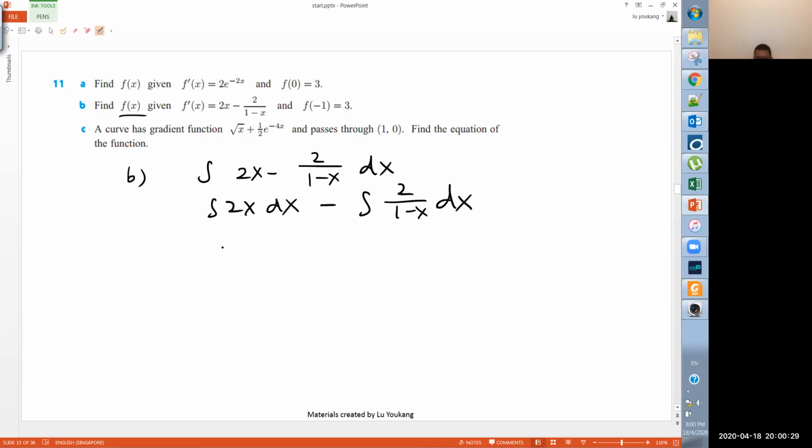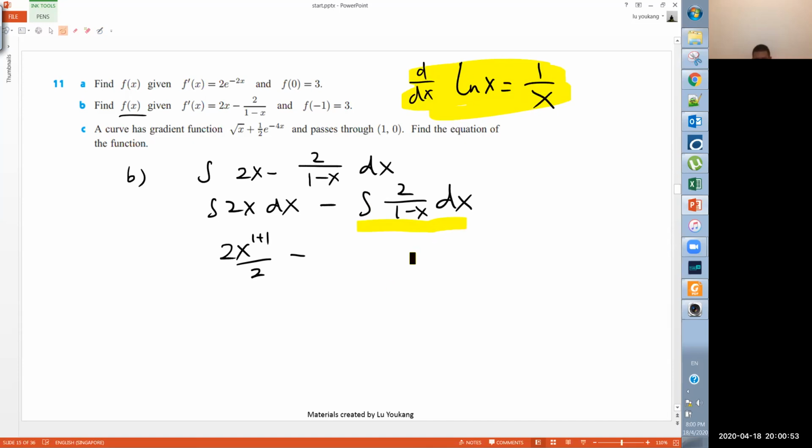So over here, power plus 1, bring down the resultant power. Okay, I hope you still remember when you differentiate ln x, you will get 1 over x. Okay? Right. So therefore, you make use of this to do the integration of the second term.